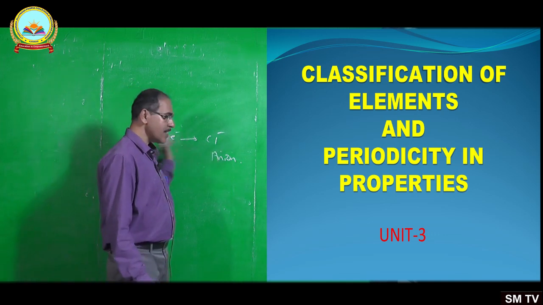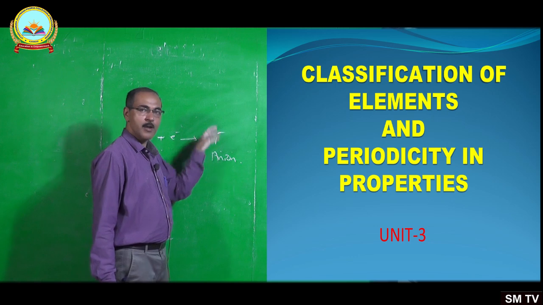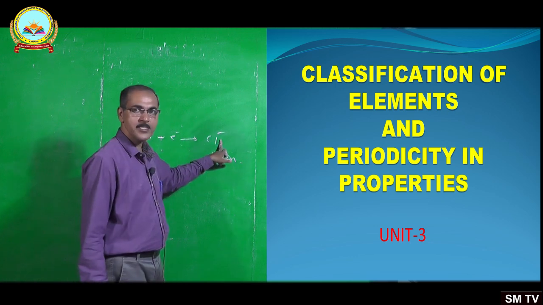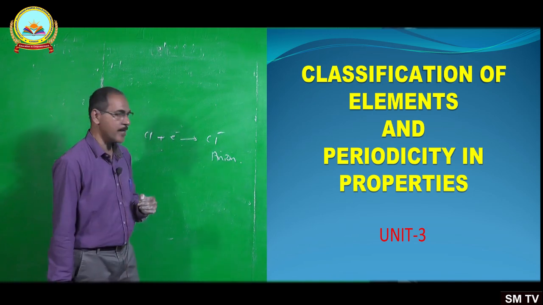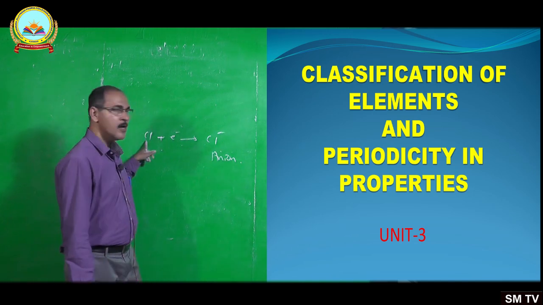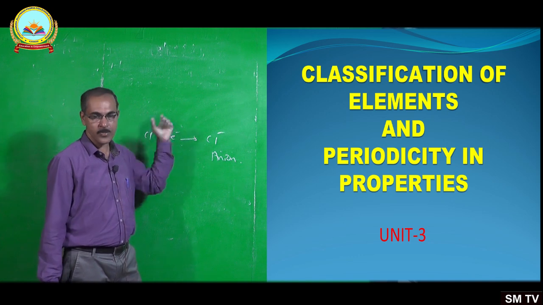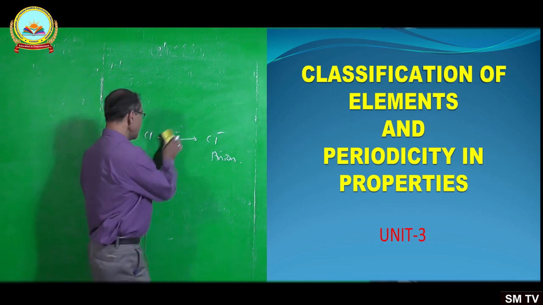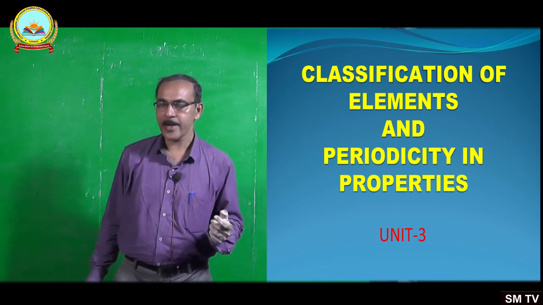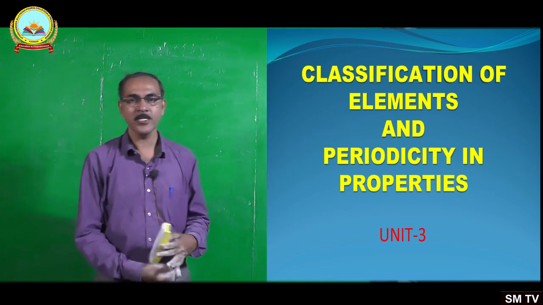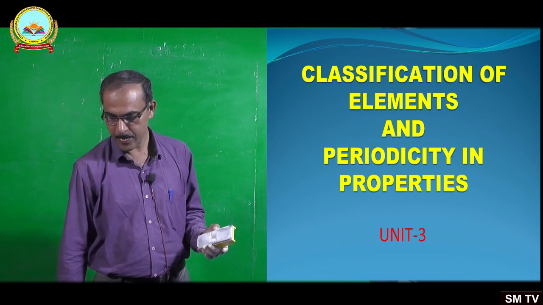The effective nuclear charge is the same here and here, but the number of electrons is more in this species. Therefore, the anion has a larger size compared to the radius of its neutral atom. This point has to be remembered: the radius of the cation and its neutral atom, the radius of the anion and its neutral atom.